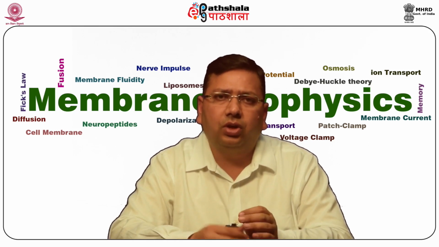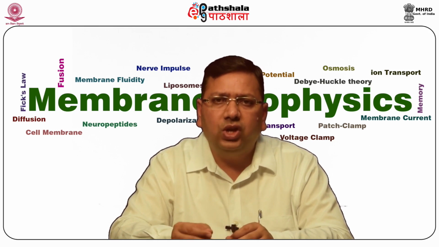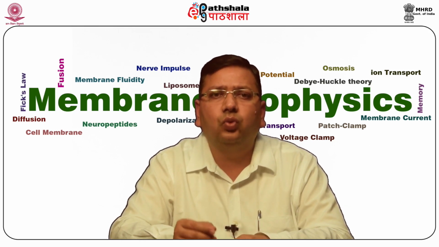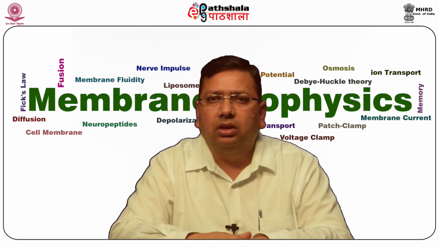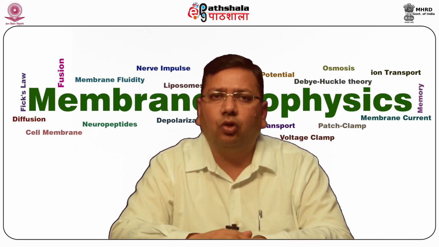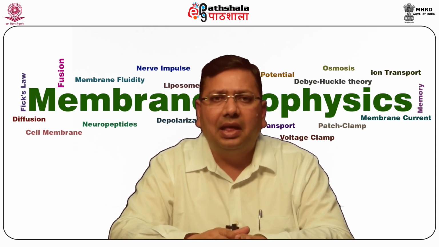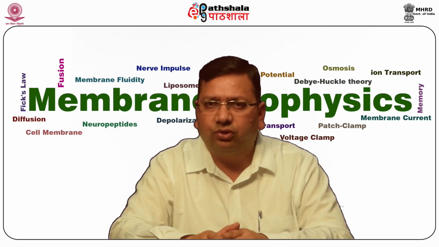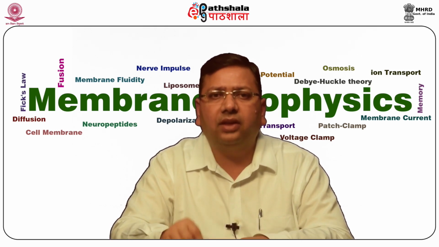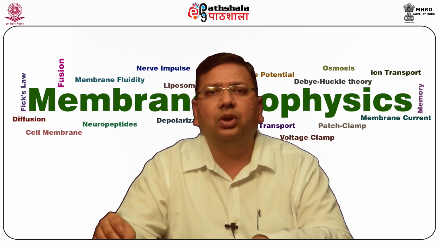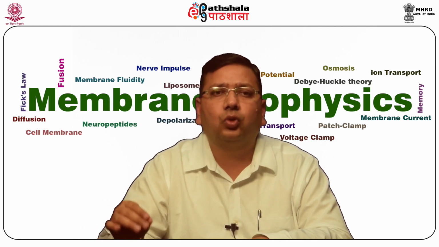He reached the conclusion known as Overton's rule, according to which substances that are soluble in oil enter the living cell faster, whereas substances that are highly soluble in water enter the cell slowly.